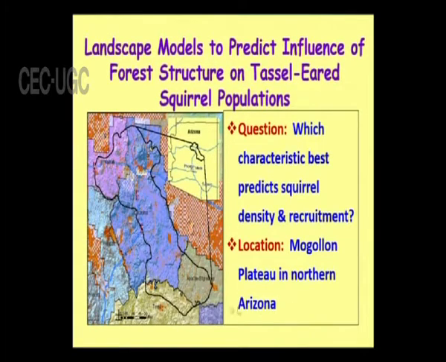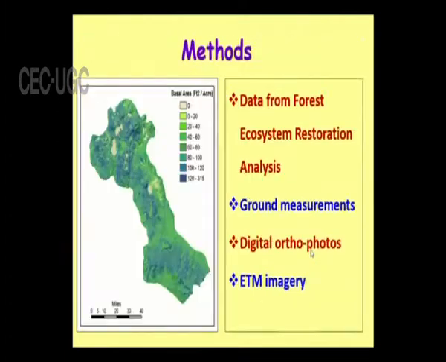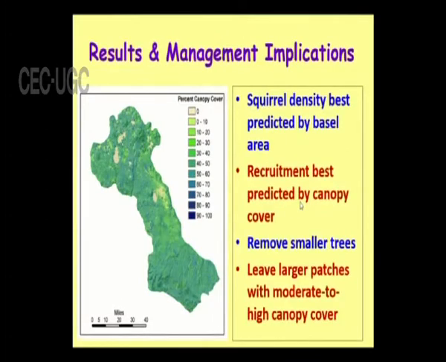The location is some forest or some ecosystem that we are taking, and here we are again mapping, using data from forest ecosystem restoration analysis and ground measurements, and the same thing. So, the methods are more or less the same, and we are asking different questions and getting different answers, and therefore, what is the result?